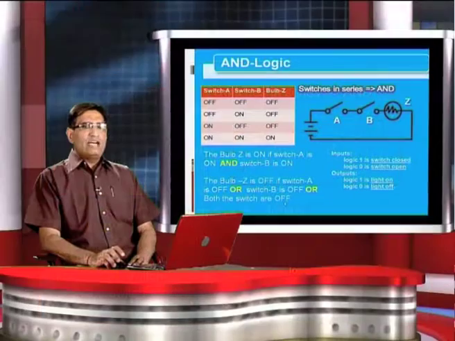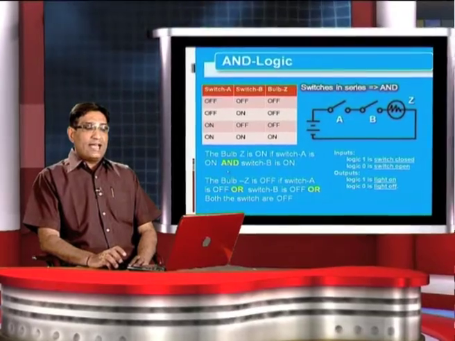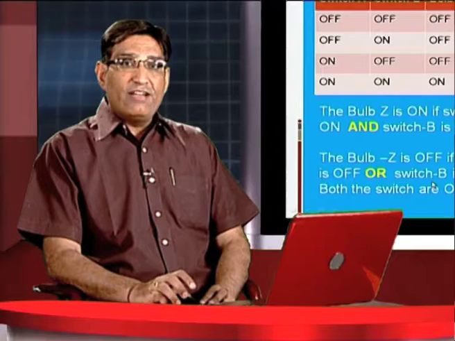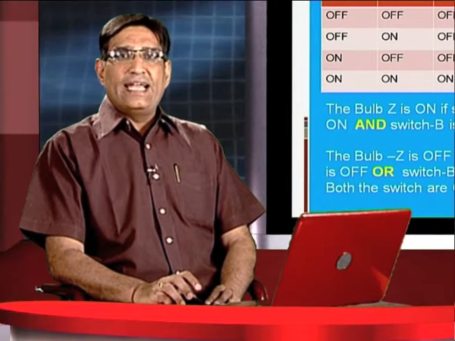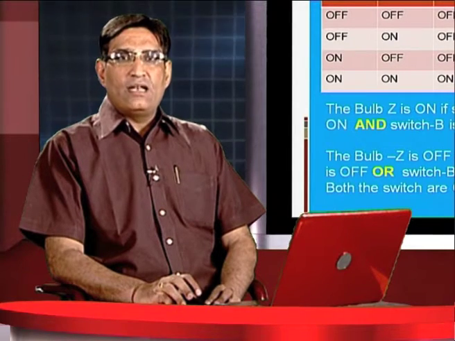That means we have to note one very important thing: what we consider as true in AND becomes negative in OR. This is one of the reasons that the AND and OR logic are termed complementary logics.